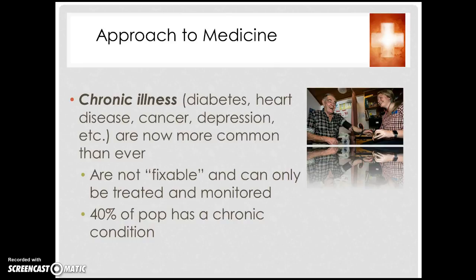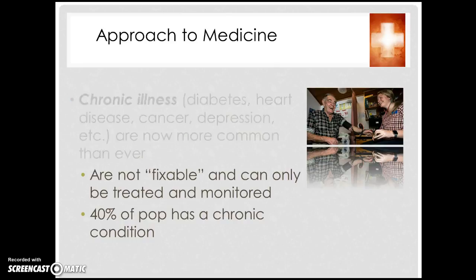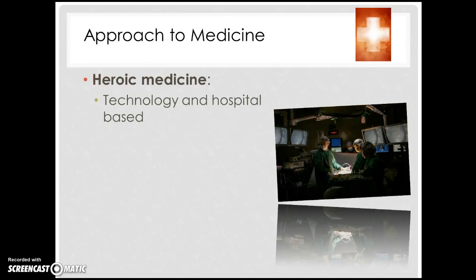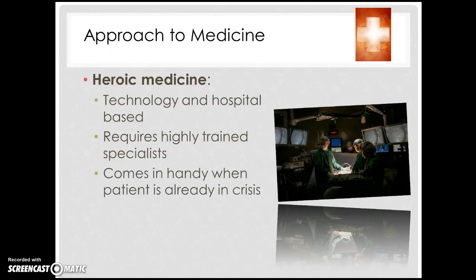However, chronic illness is the new way of the world. So there needs to be some kind of approach where doctors can begin to be used less, because we are in need of a different type of approach than the heroic medicine approach. The heroic medicine approach is technology-driven and hospital-based. You need specially skilled people to perform this type of approach, and it's used when the body is in crisis.